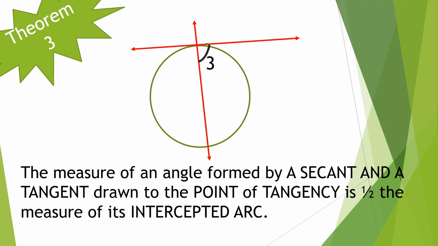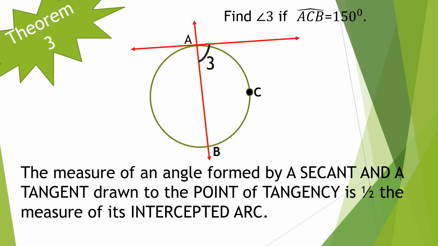So what is the intercepted arc of angle 3? The intercepted arc of angle 3 is arc ACB. So how do we get angle 3? It is just 1/2 of ACB.